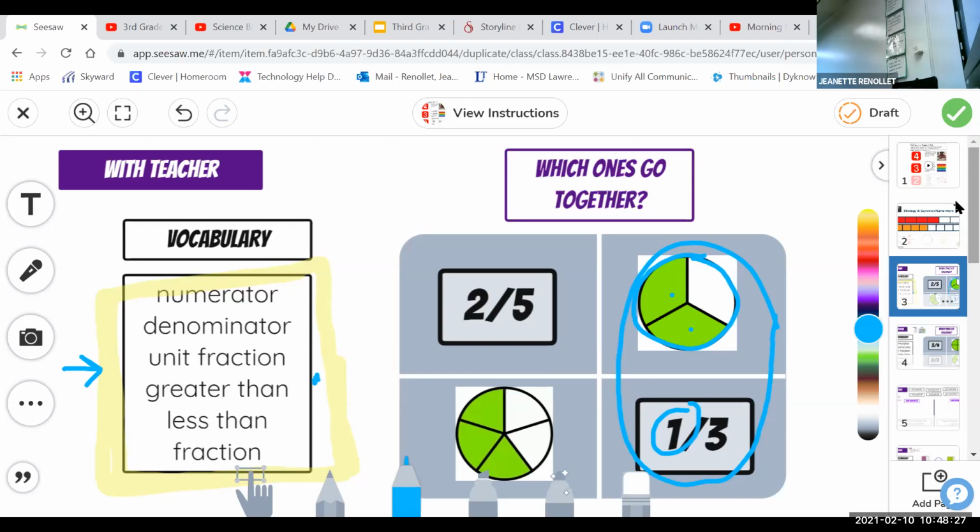Okay, so if two parts are green, what would be the name of this part? That's the farthest. Day, what are you thinking? It's 1/3, right? Each unit fraction is one part of the whole.